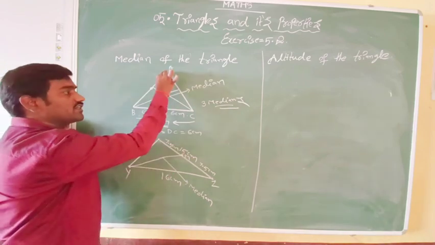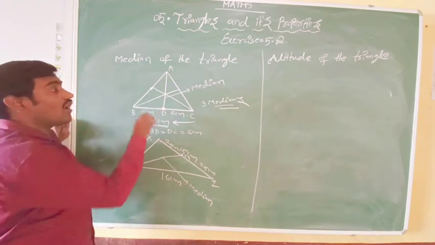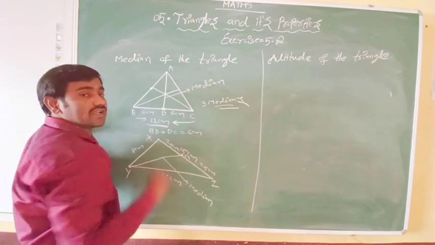Always start from the vertex to the opposite side, exactly half of the total length. And see that all the medians come only inside the triangle. They do not come outside of the triangle.